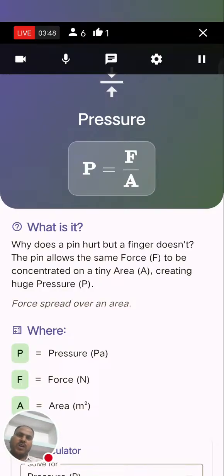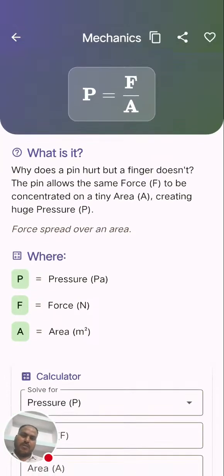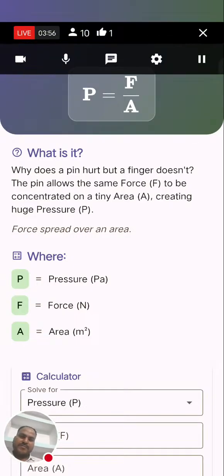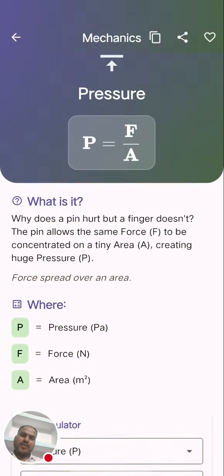Yes, pressure equals force upon area, P equal to F upon A, where P represents pressure, F represents force, and A represents area.